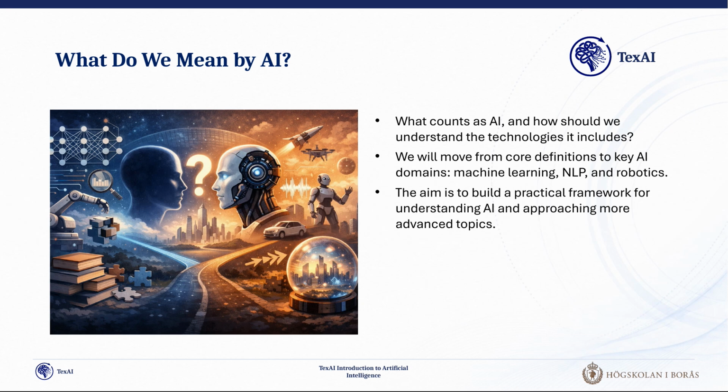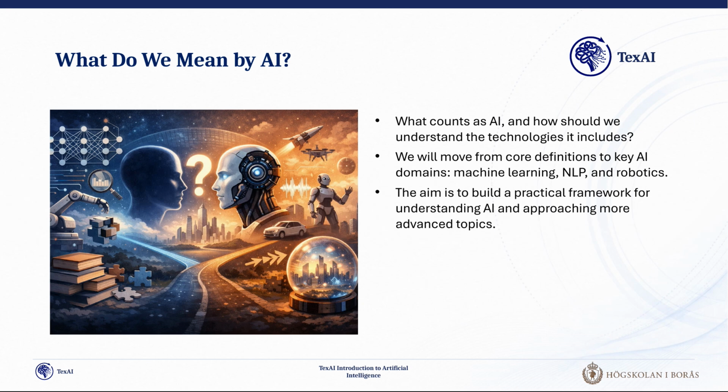In this part of the lecture, we will first look at how AI became established as a field, and then compare a few influential definitions. We will see that, although these definitions differ, they often point toward a shared idea. AI is concerned with machines that can perform tasks involving cognition, perception, learning, reasoning, and decision making.